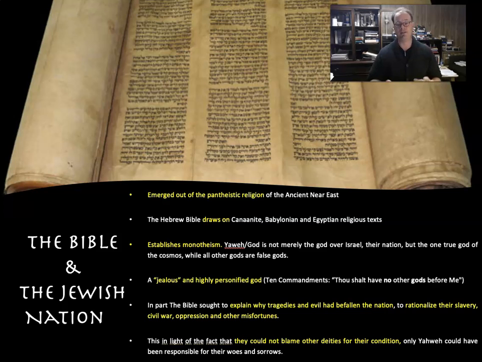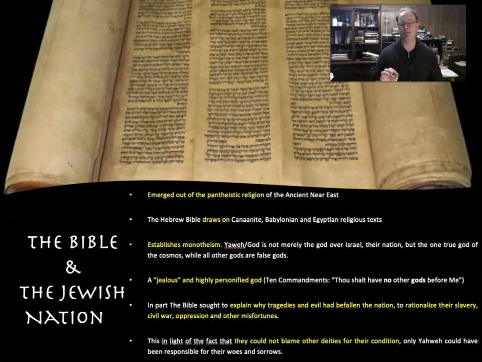So, part of the goal of the Bible for the Jews, apart from simply telling themselves who they are and how they should live and what this world is and how they relate to it, in greater specificity is to explain the plight of Jewish history. And of course the Bible, the first 5 books in particular, are almost nothing but the story of the Jewish nation. And what occurs in the story of the Jewish nation?